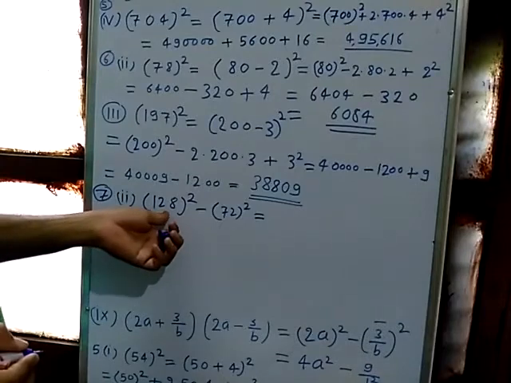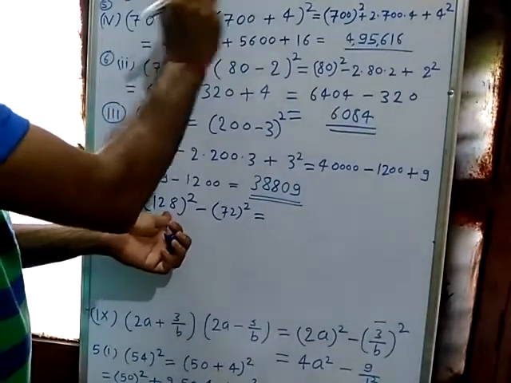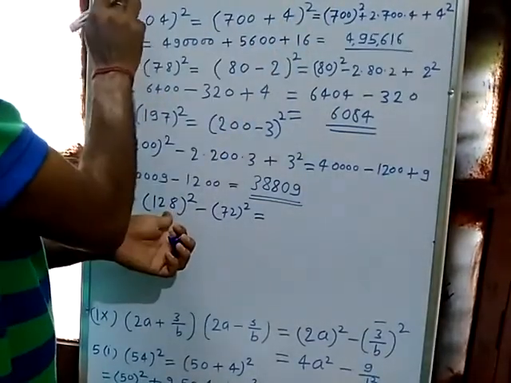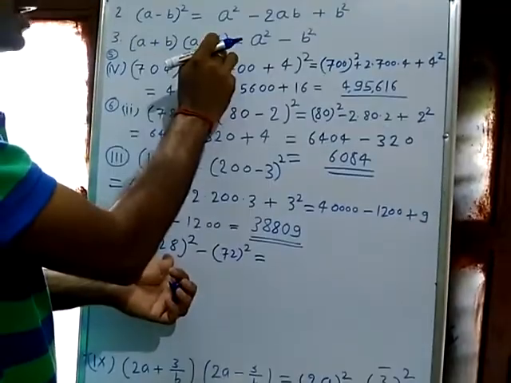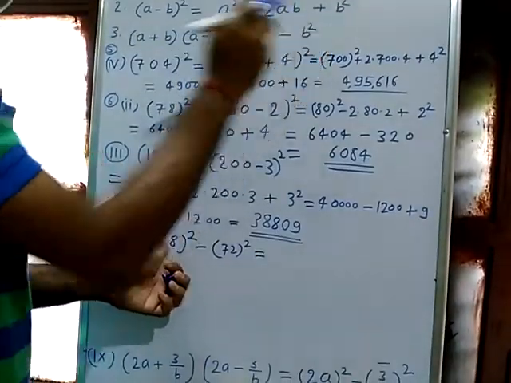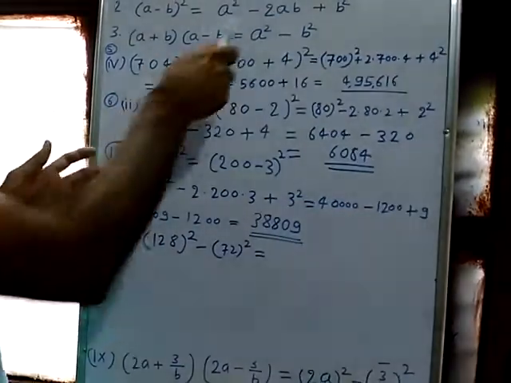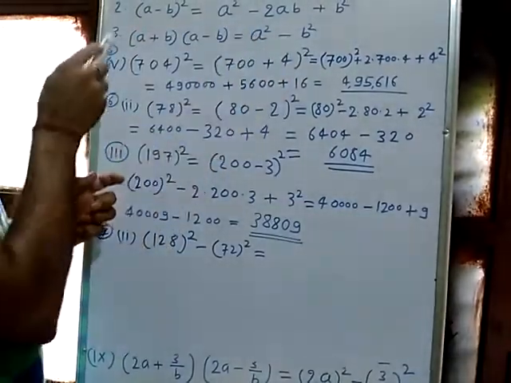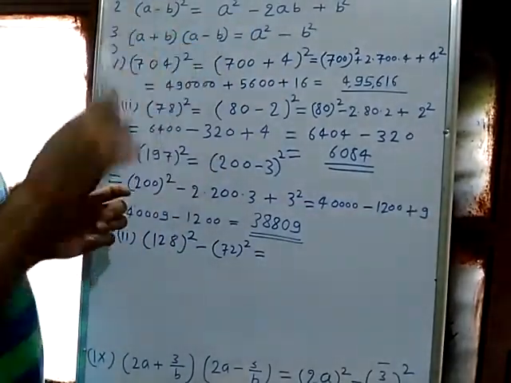Right now, which identity will apply? Here is the converse: a square minus b square. We know that a plus b into a minus b is equal to a square minus b square. So a square minus b square can also be written as a plus b into a minus b.